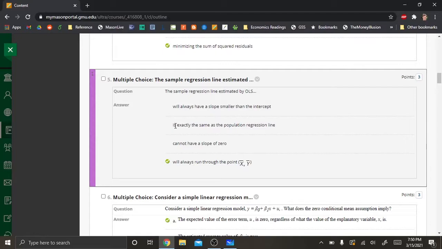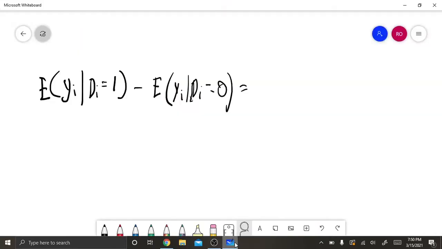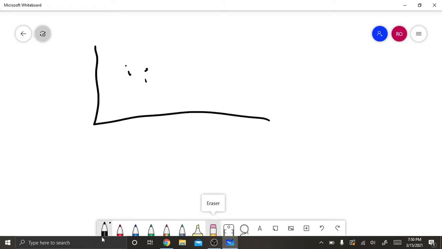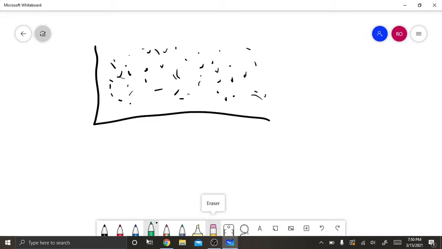The expected value is the same, but any given sample is not going to be exactly the same as the population line. Cannot have a slope of 0. It's very easy to have a regression with a slope of 0. It would just look something like this, where there's no relationship between x and y, so the fitted regression line would be flat.